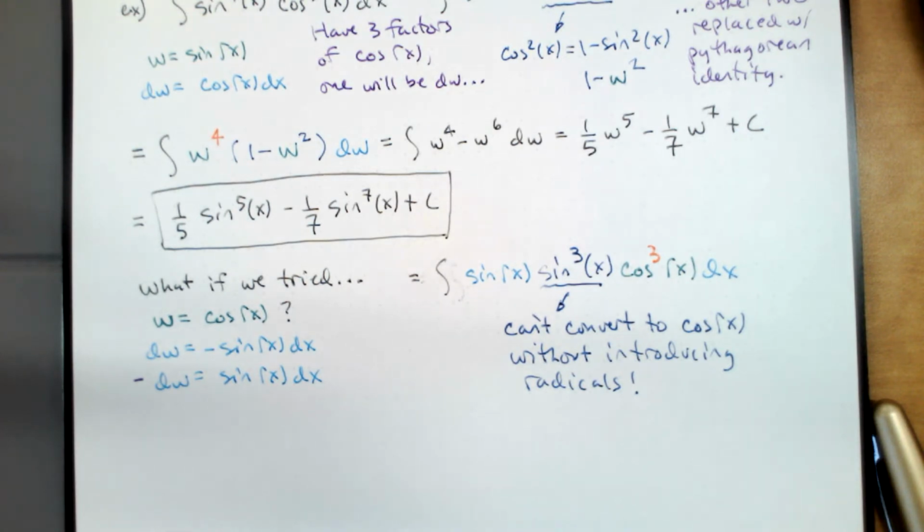We'd end up with a radical, which is not normally a problem, but inside that radical will be 2 terms. It would end up looking like the square root of 1 minus cosine squared all to the 3rd power. We don't want to introduce radicals, especially if those radicals are going to have more than one term in them. That just makes it worse.